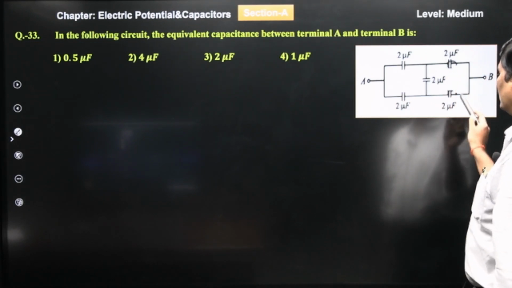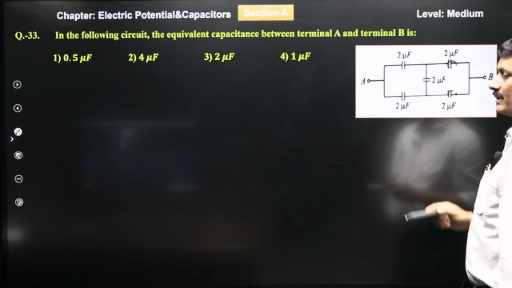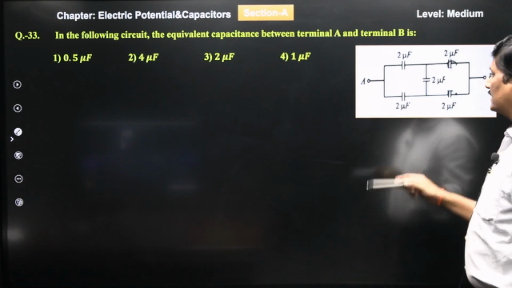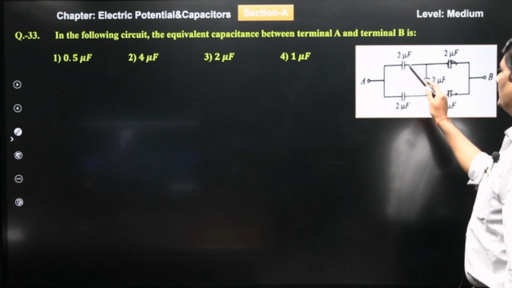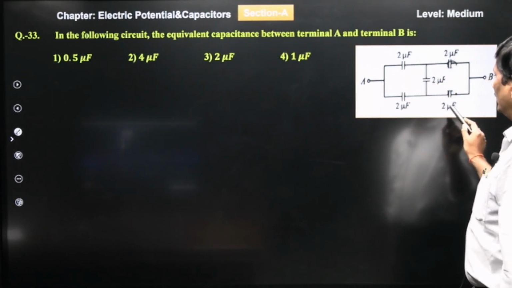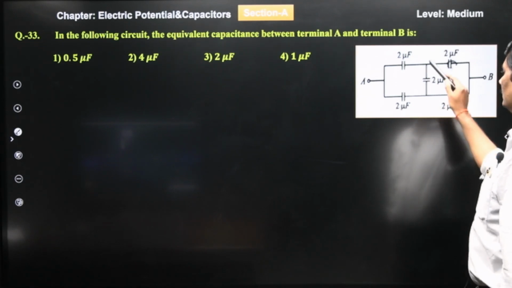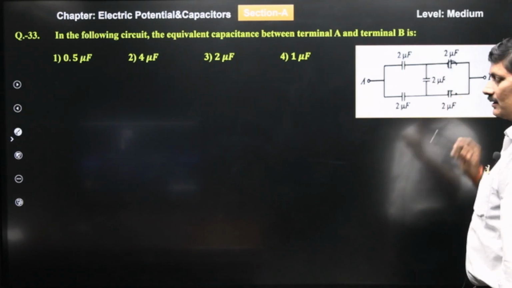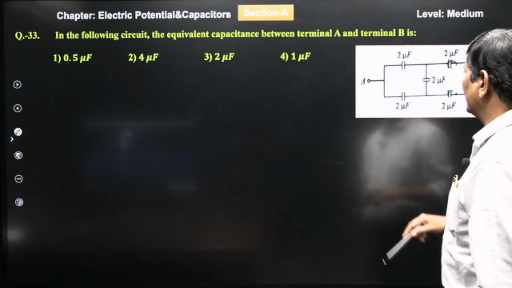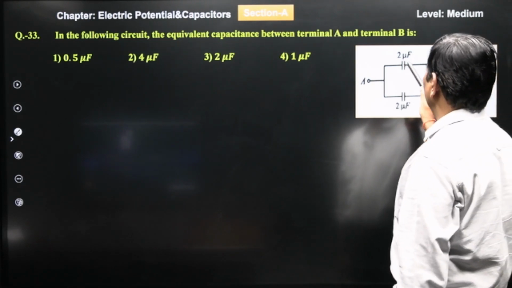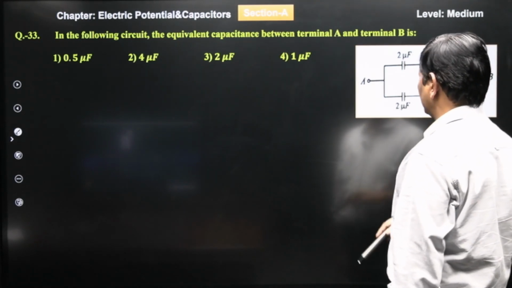If you see the circuit, it is nothing but Wheatstone's bridge. Wheatstone's bridge with capacitors P, Q, R, S. In between, the middle capacitor is there, it is like a galvanometer. Under balance condition, P by Q is equal to R by S. Okay.